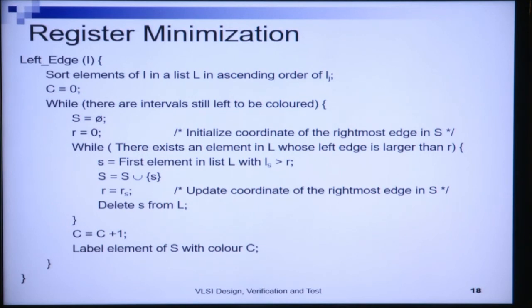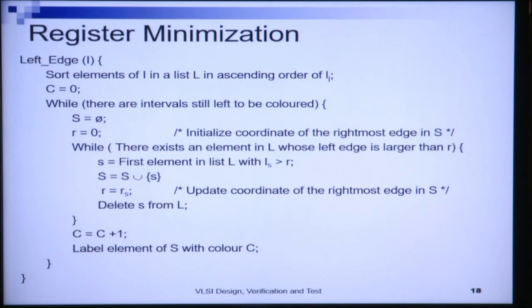So, small s is the first element in list L with Ls greater than R. Then S equals S union small s. That means I include this register small s in the current set, in the current hardware register being considered for allocation, that is capital S. Then I change R equals Rs.